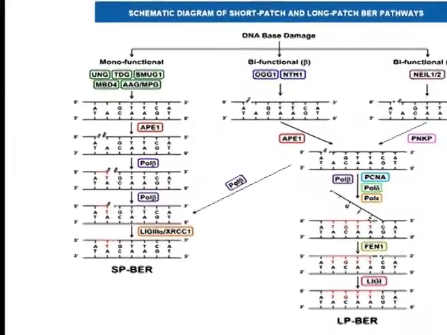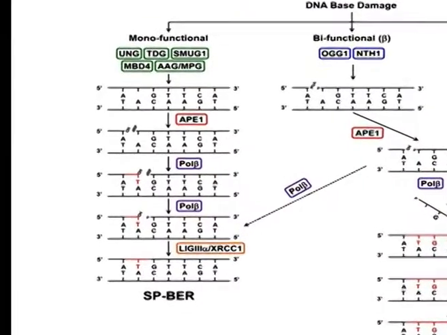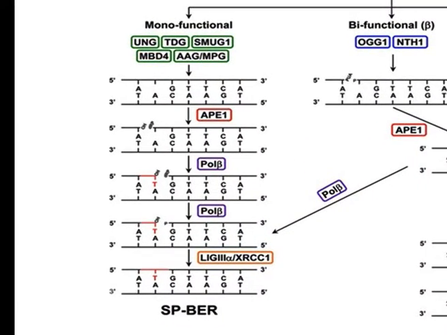The DNA strand then contains a 3' hydroxyl group and a 5' abasic deoxyribose phosphate. DNA polymerase beta, or Pol beta, inserts the correct nucleotide based on the corresponding Watson-Crick pairing and removes the deoxyribose phosphate through its associated AP lyase activity.